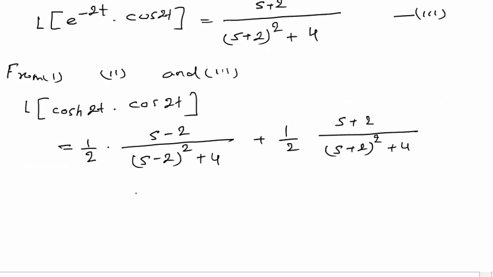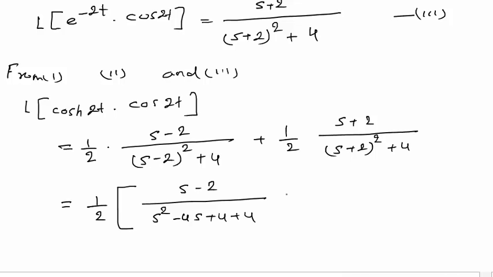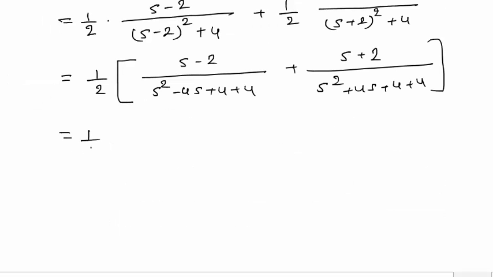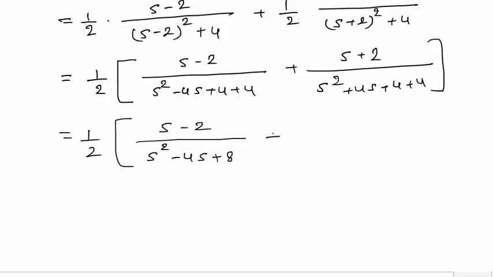Now if we simplify it further, we can take 1 upon 2 common outside. Here we have (s minus 2) upon s square minus 4s plus 4 plus 4, plus (s plus 2) upon s square plus 4s plus 4 plus 4. This equals 1 upon 2 into (s minus 2) upon s square minus 4s plus 8 plus (s plus 2) upon s square plus 4s plus 8.